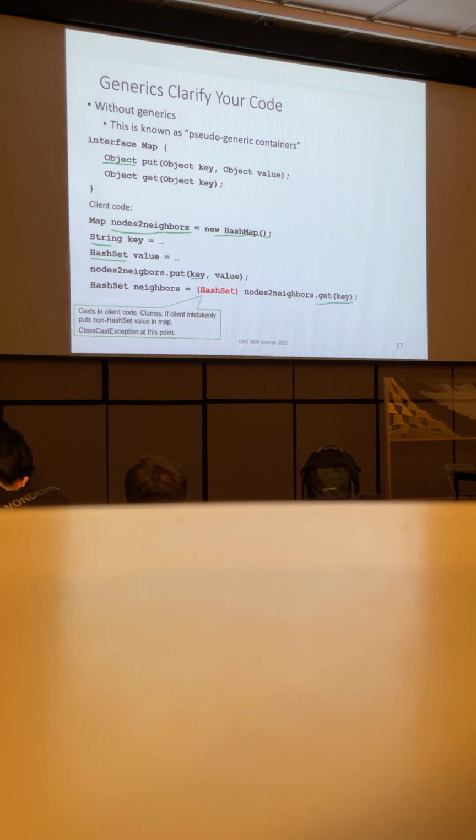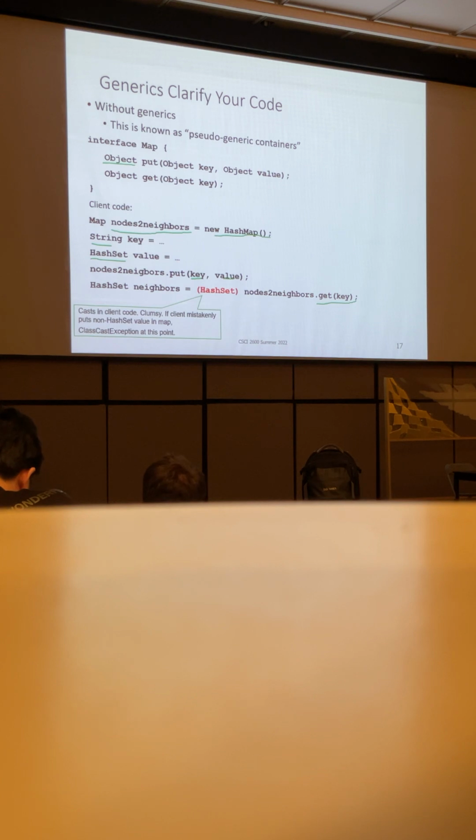So for example, you call get. You give a key, and you are never sure what the actual type of the element that you get from the collection is. The only thing that you know is that it's an Object, but you don't know anything more specific about that element.